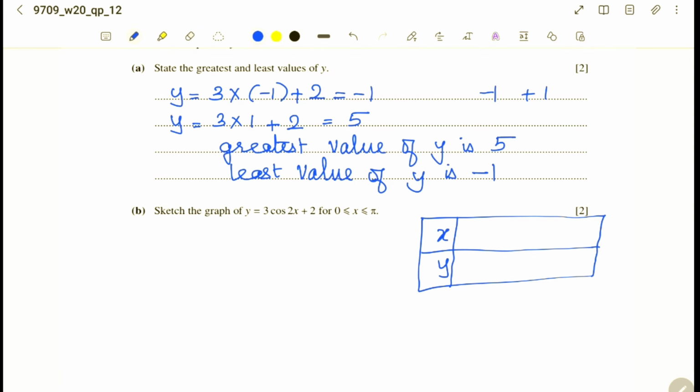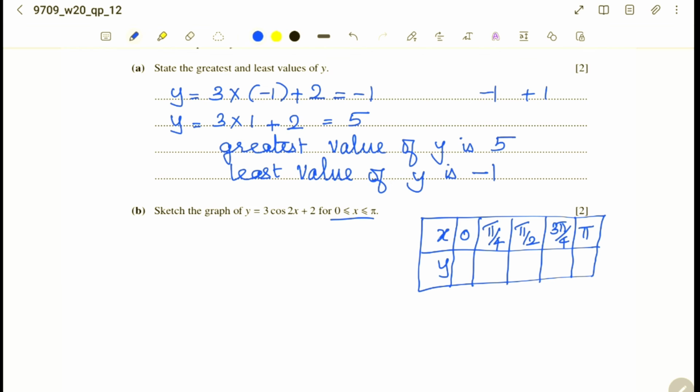So the interval is 0 to pi. So we'll take 0, pi over 4, pi over 2, 3 pi over 4 and pi.